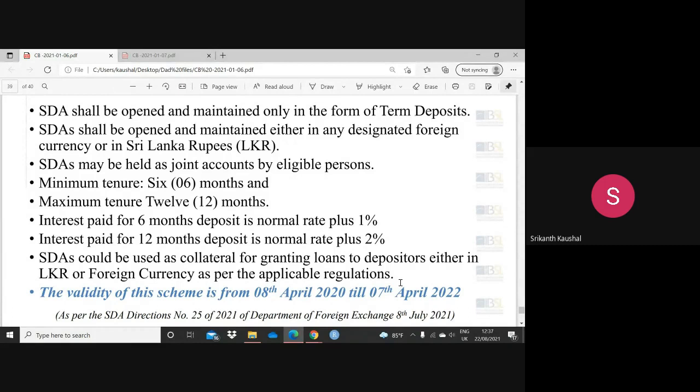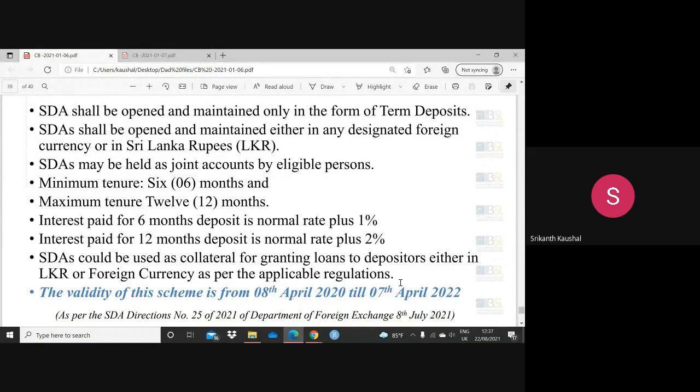Until this date, any investor can make an investment. Even on 6th April 2022, one person can bring 10 million and keep it for 1 year, because this corridor is open till 7th. Up to 7th, anybody can bring money. But the maximum tenor of the deposit is 1 year. You have to bring the money into the country before 7th April 2022.